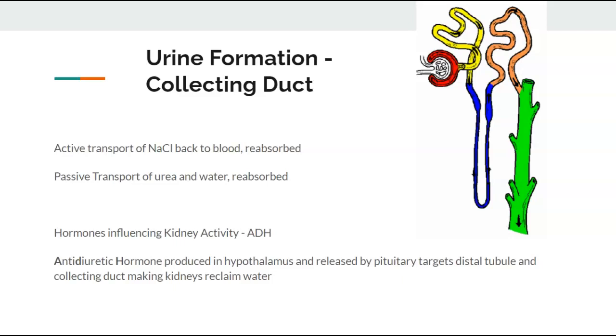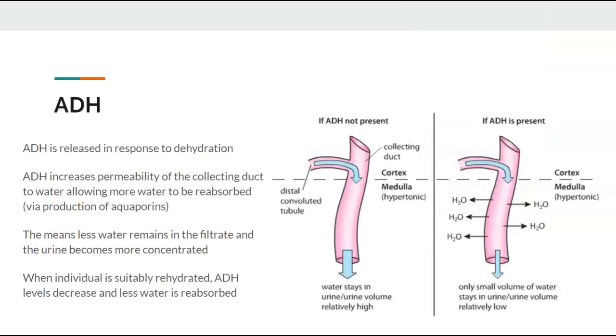And then there's ADH. ADH is antidiuretic hormone. It's produced in the hypothalamus, released by the pituitary, and targets these two areas, this orange distal convoluted tubule and the collecting duct, and it forces the kidneys to reclaim water. Okay? So it is released in response to dehydration.